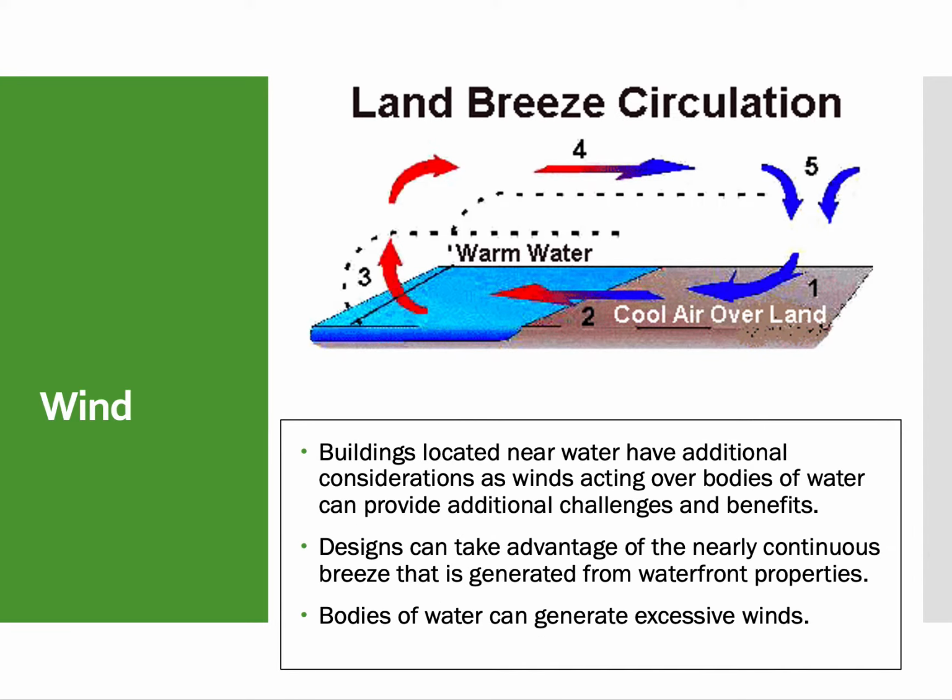Buildings near water have additional consideration, as the winds will act over bodies of water in ways that can provide both challenges and benefits. Designs can take advantage of that continuous breeze that is generated from waterfront properties. But they can also generate excessive winds, so there's that consideration too.